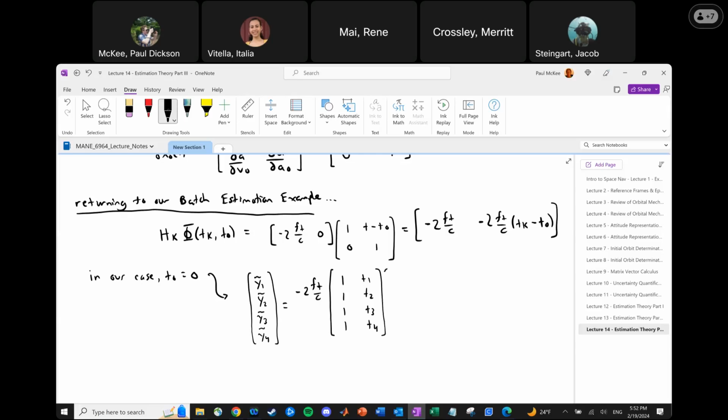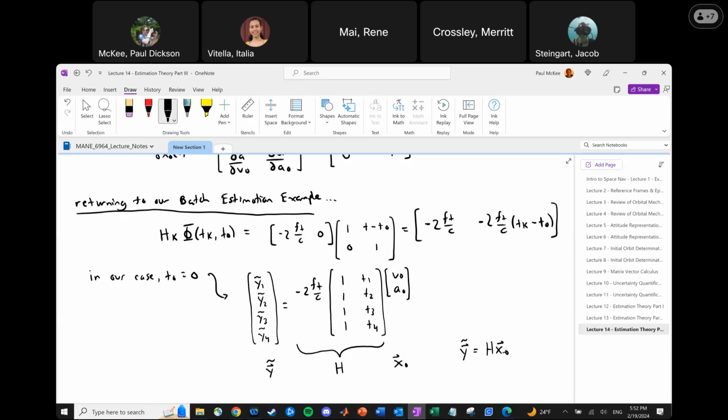And then finally, we have initial velocity and initial acceleration. So this whole thing here, which includes the -2 transmission frequency over the speed of light, this is H, this is Y, and this is X naught. So we have something that looks like Y is equal to H X naught.